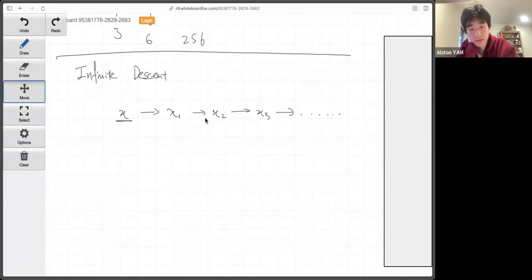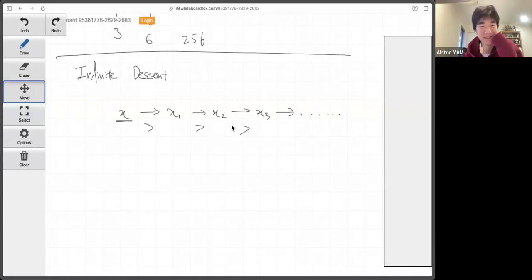Because if we have some condition that says x is bigger than x1, and x1 is bigger than x2, x2 is bigger than x3, and so on, and you can generate infinitely many of them, well, then the solutions must get infinitely small, right? Because you can keep doing this forever. But if the problem statement says find all positive integer solutions to this thing, then you realize we're kind of cooked, right?